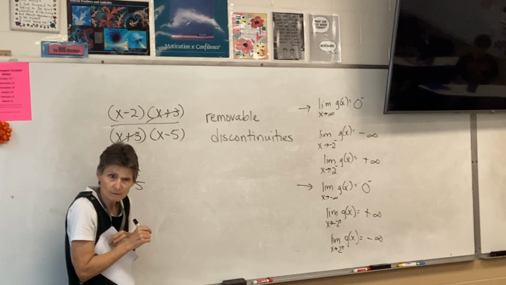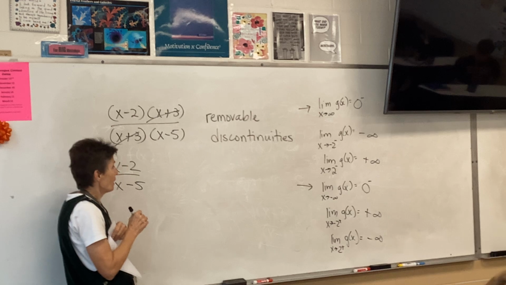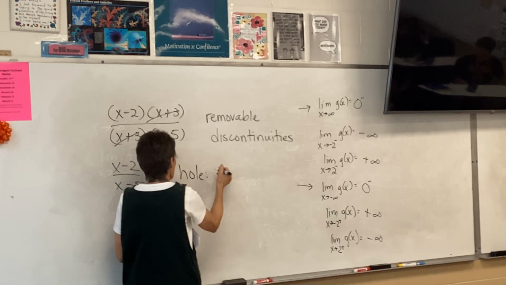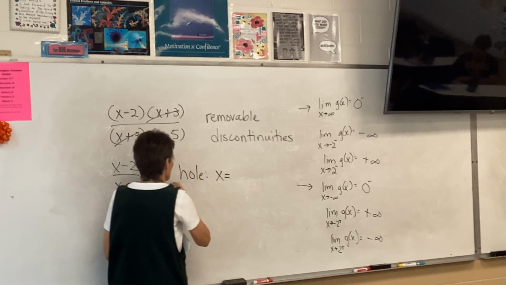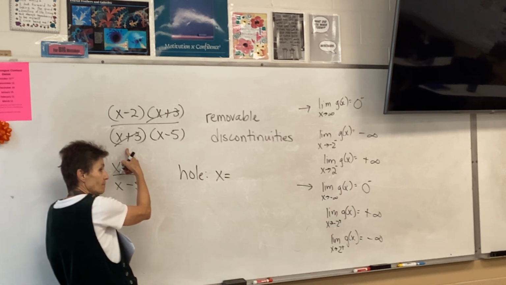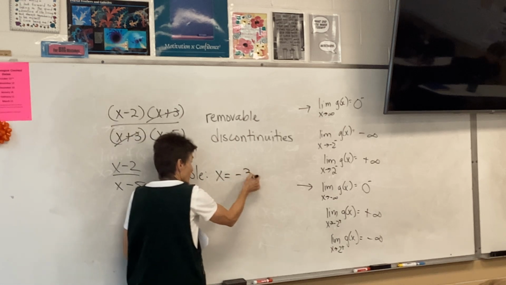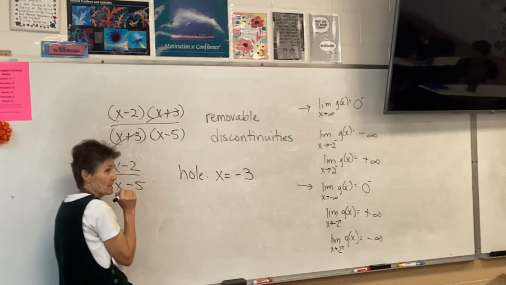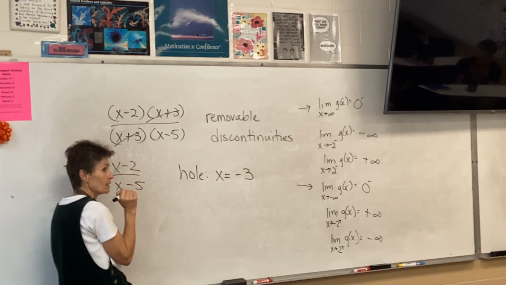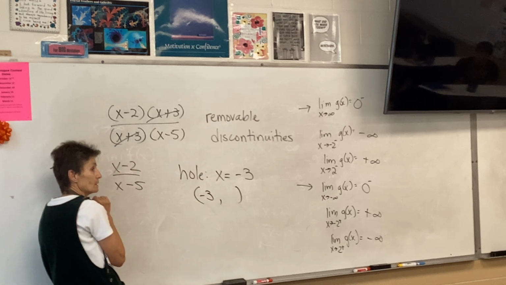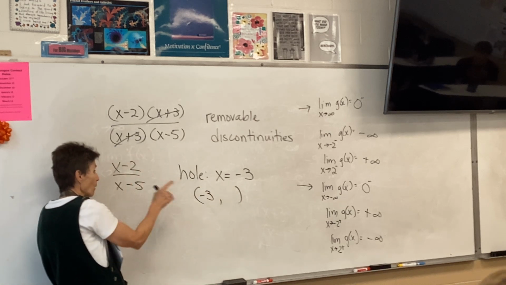You should, because you're a math student. Alright, so we're gonna have a hole, and he only asks for the x coordinate. So the x coordinate of the hole would be -3. But if you're graphing it, like we did a minute ago, you're gonna need to know where to put that open dot, so where are we gonna put it?